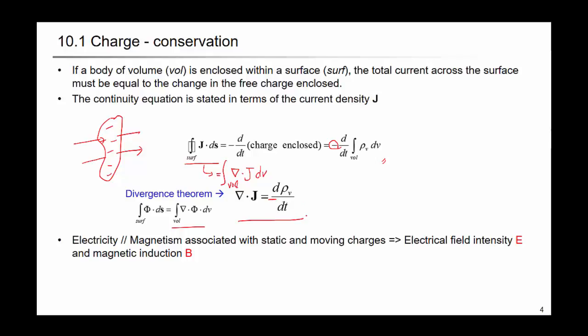Okay. Okay, let me check again. Could be because of the definition, or it could be a mistake.